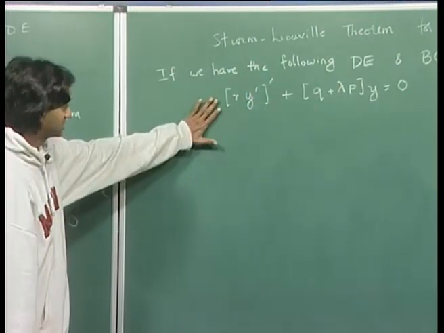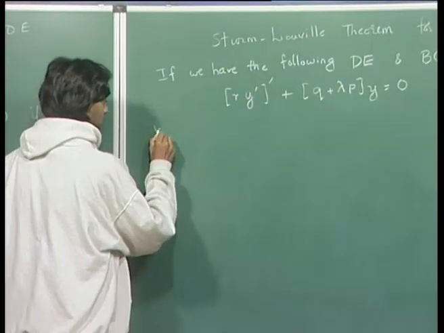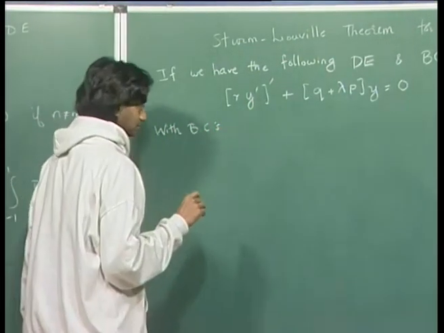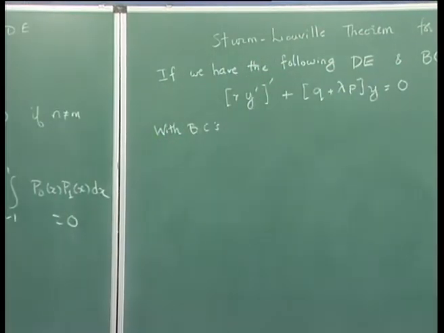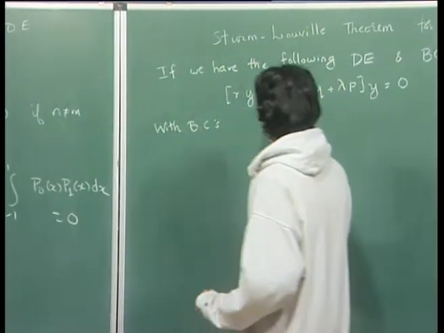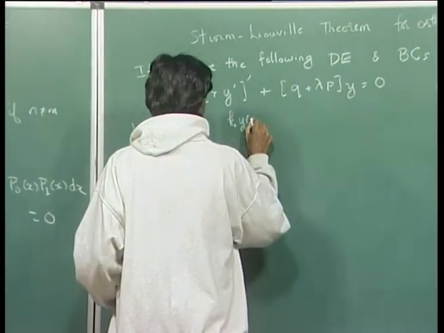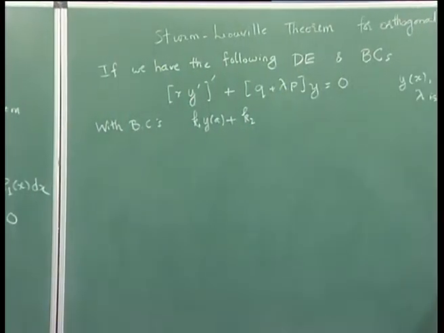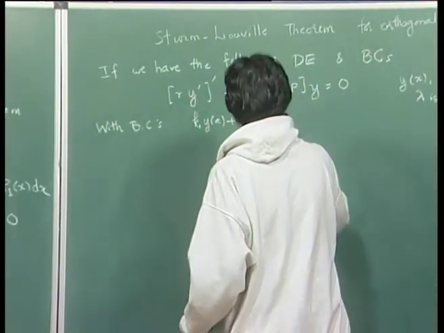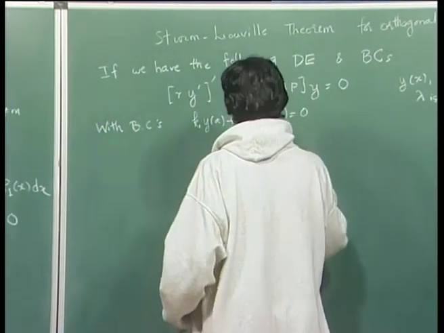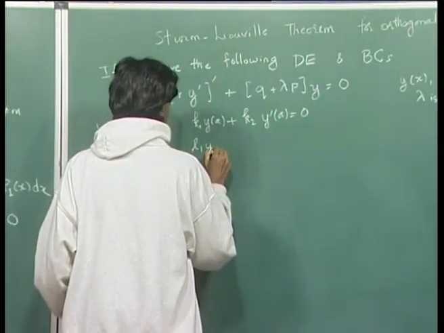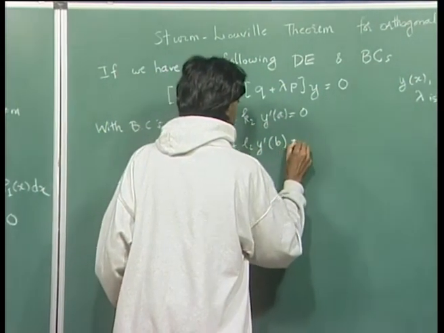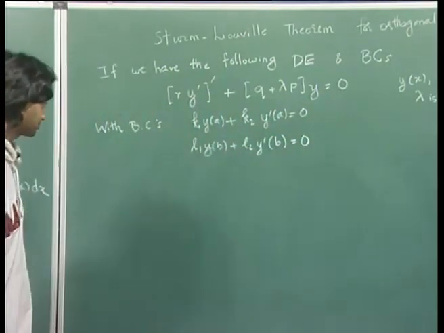So, if you have a differential equation in this form with boundary conditions, and the boundary conditions are of the following form: k1 y(a) + k2 y'(a) = 0, l1 y(b) + l2 y'(b) = 0.